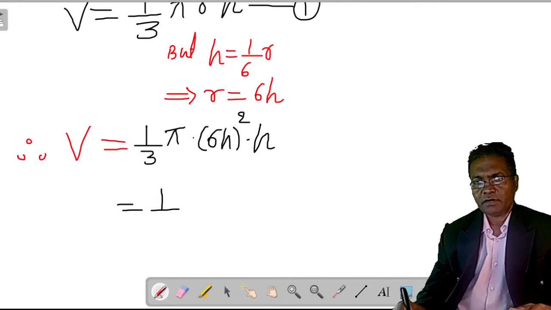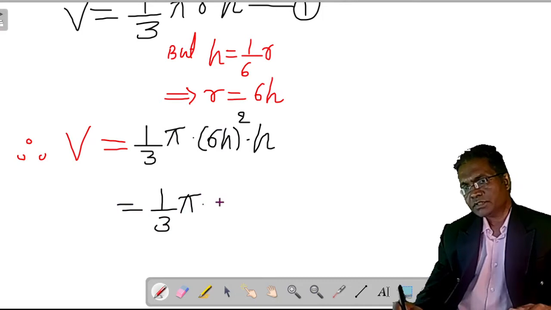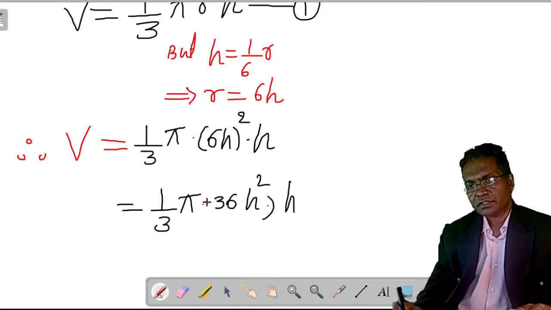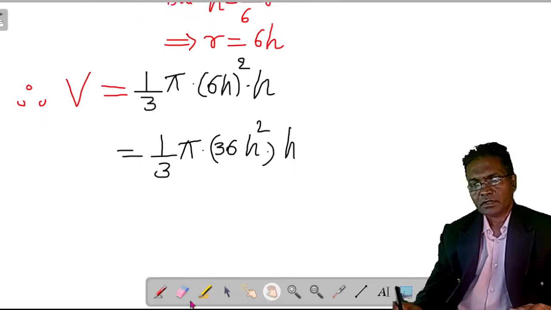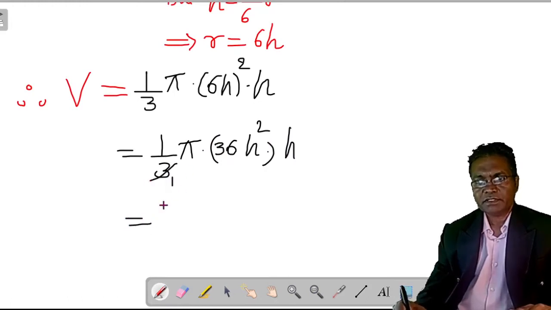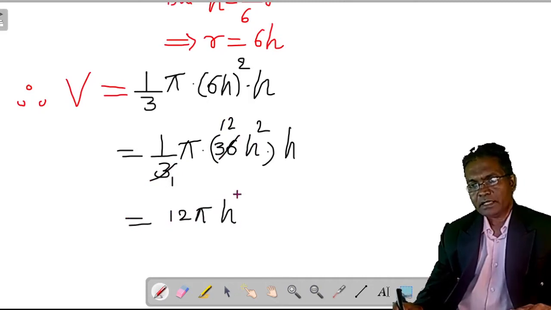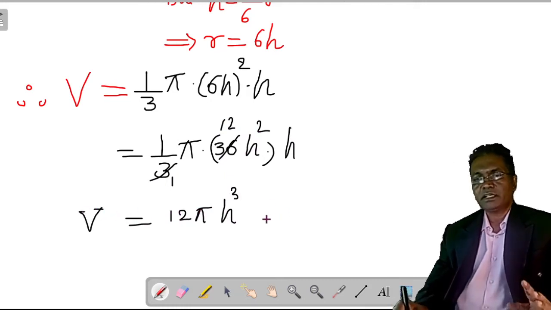Simplify it further: 1 by 3 pi into 6 square is 36 h square into h. So 3 1s are 3, 3 12s are 36, so you're left with 12 pi h square into h, that is h cube. Now V is turned in terms of h.